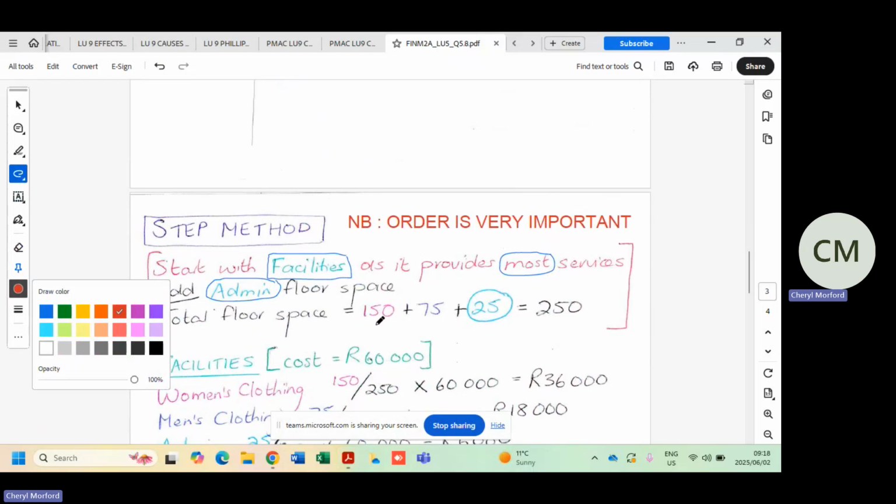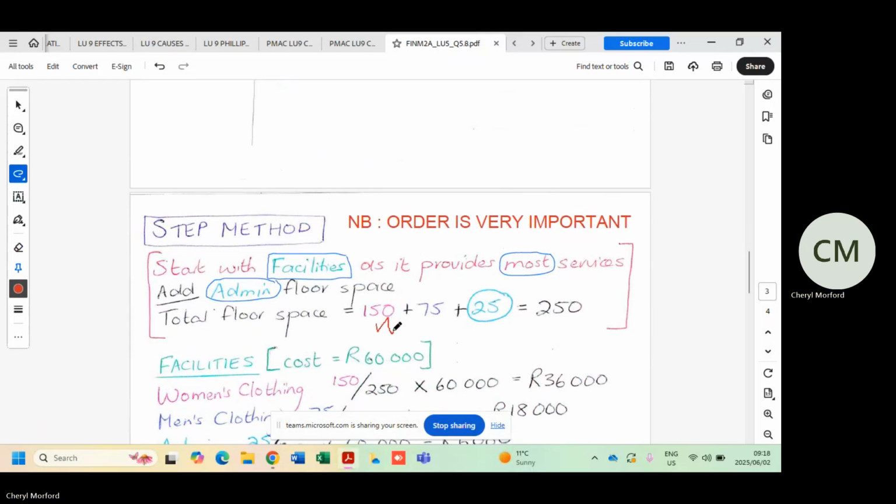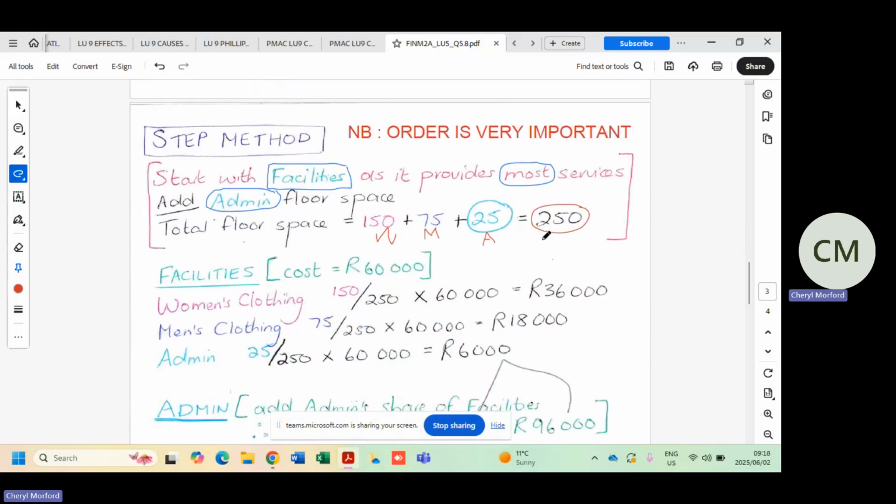The floor space in women there is 150. Men is 75. The new thing we've got to do is add admin's floor space, which now gives us a total of 250. So what we're going to do with the 250 is we're going to split it 3 ways.